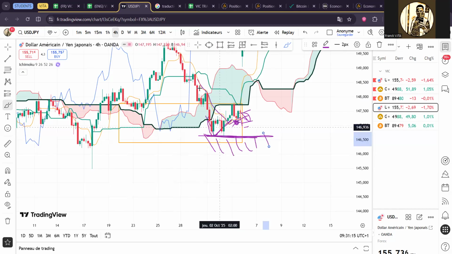No candle can go below it. That represents then the floor of the basketball.